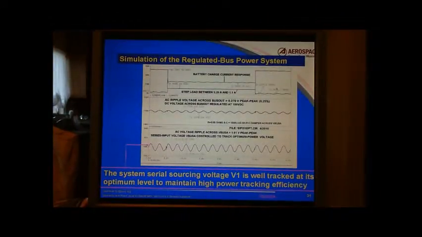This slide also shows the detailed zoom in of the system response obtained from the regulated bus power system. The system's serial sourcing voltage V1 is well tracked at its optimum level to maintain high power tracking efficiency.